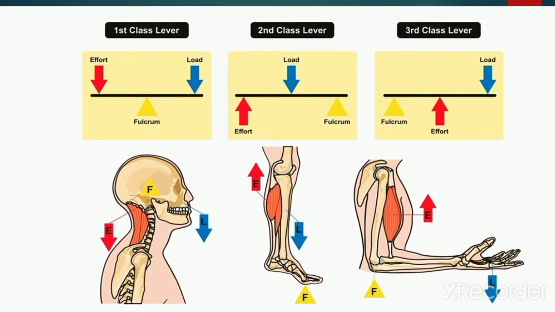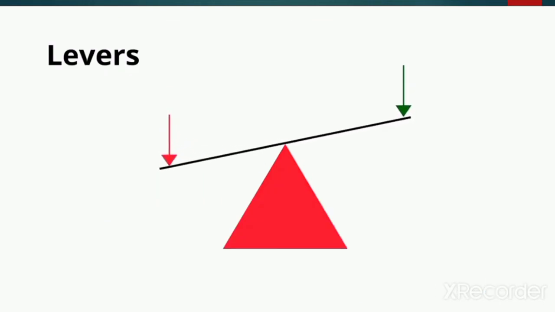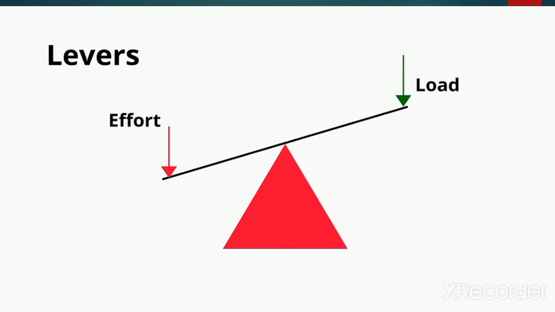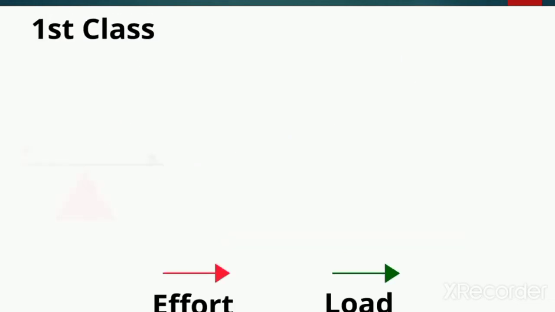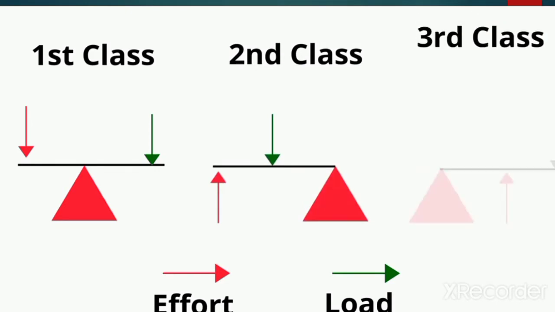The way a lever works is that a force is applied at a point, which moves a load at another point through a balance point called the fulcrum. It's the position of these three points, the force, the load, and the fulcrum, that distinguishes the class of lever. There are three classes of levers: first, second, and third.